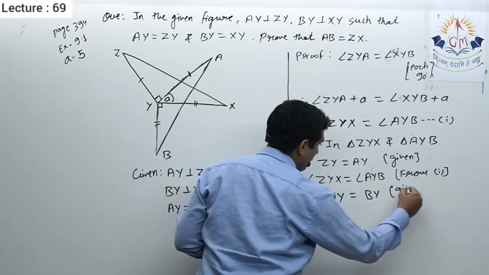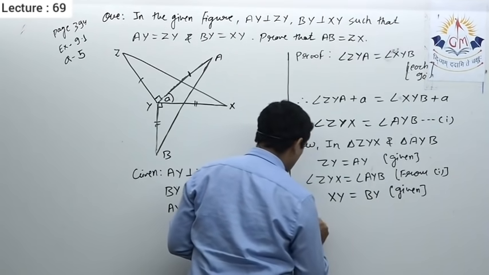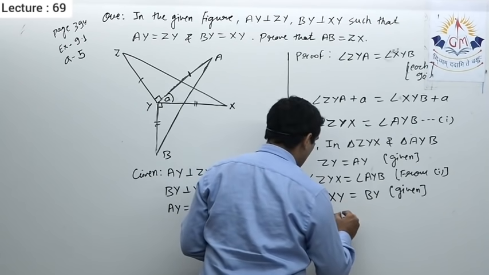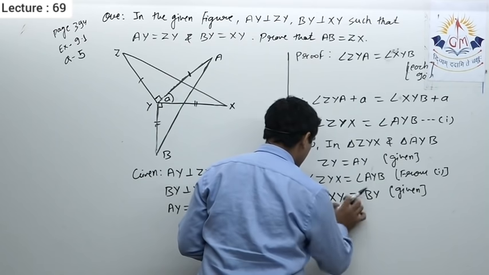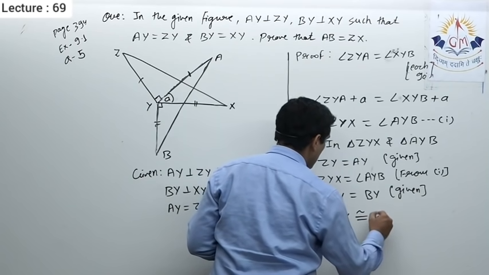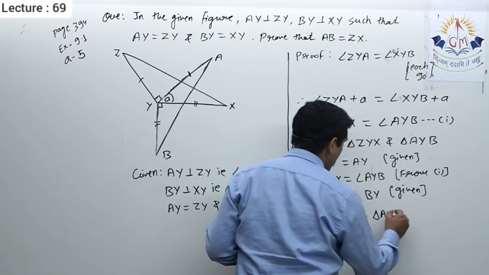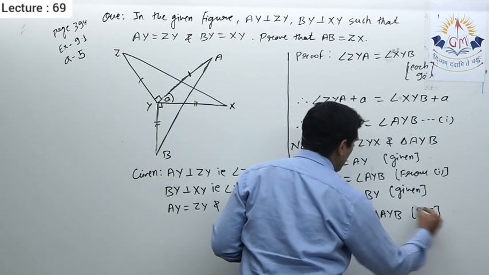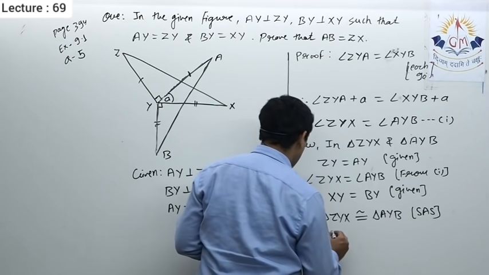So here I can say, therefore triangle ZYX is congruent to triangle AYB by side angle side.